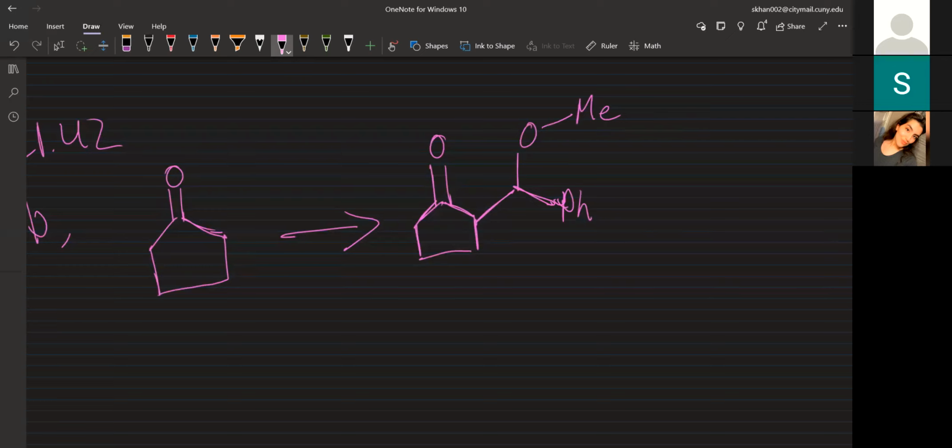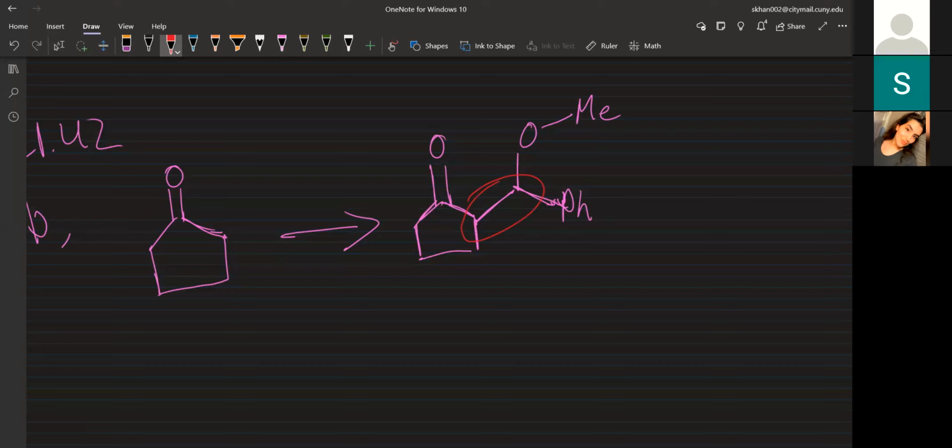So first thing, between cyclopentanone and this, what kind of bond did we form? What we did here was essentially forming this, the key bond here.